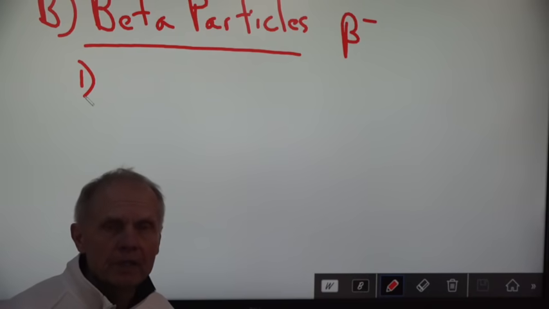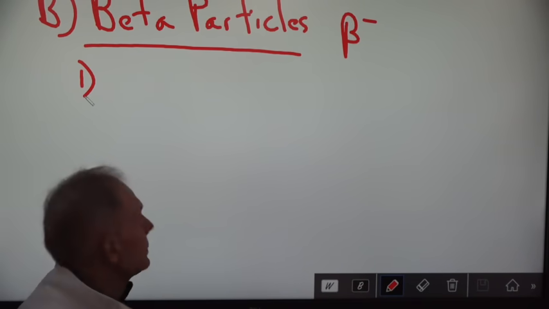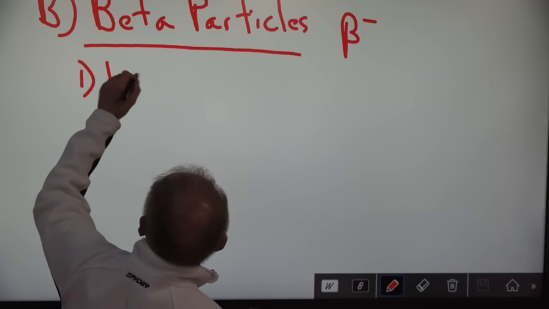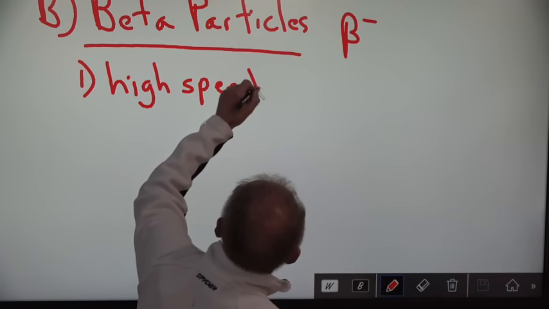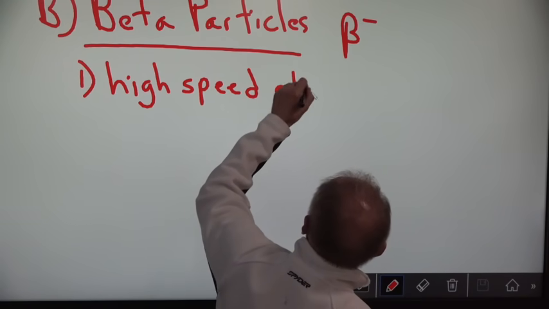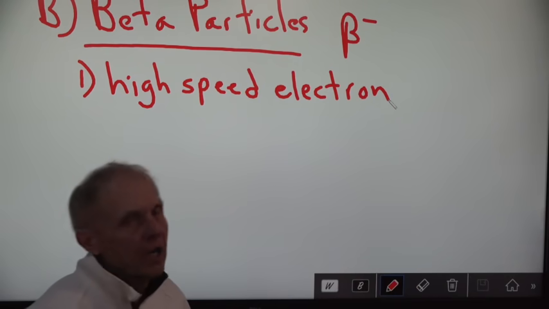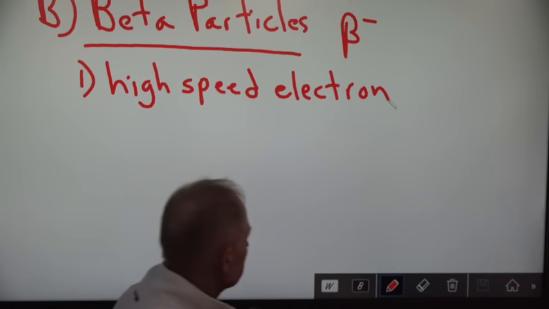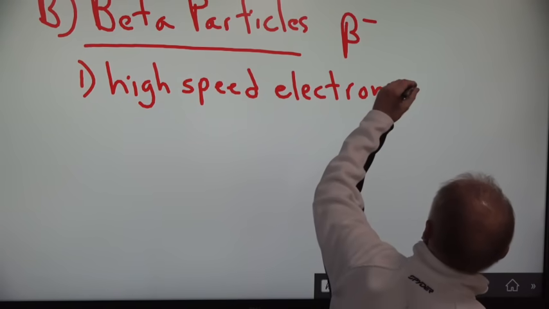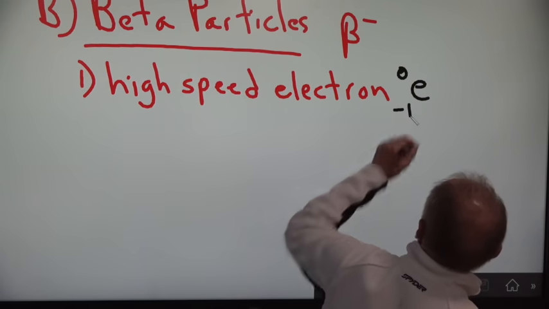Now this is very interesting, because a beta particle is nothing other than a high-speed electron. So what's the symbol? e, 0 on top, minus 1.